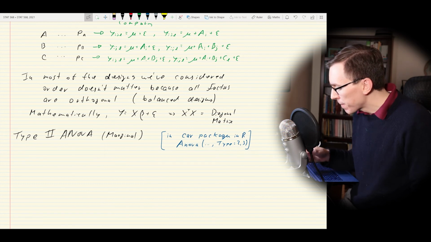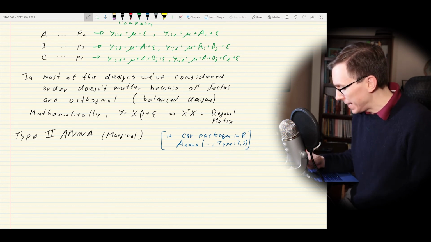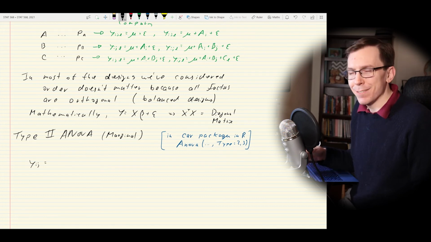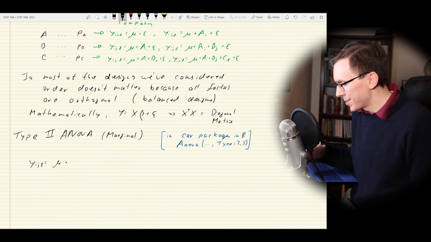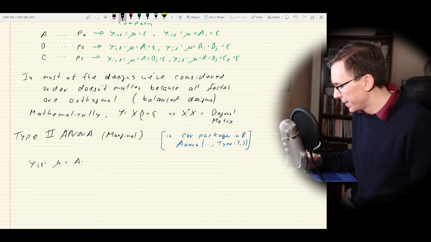Let's say I have a model. Let's forget about C for a second, because I don't really want to have C in there. We're going to have L just as a replicate so that we can assume that we've replicated this enough to be able to test an interaction term. So let's say I have A_i, B_j, and AB_ij, and then epsilon_ijl.